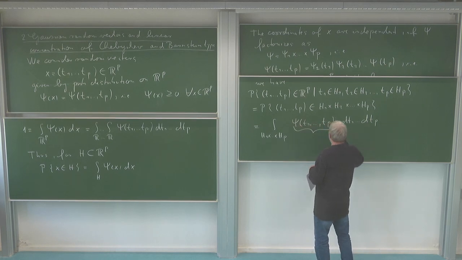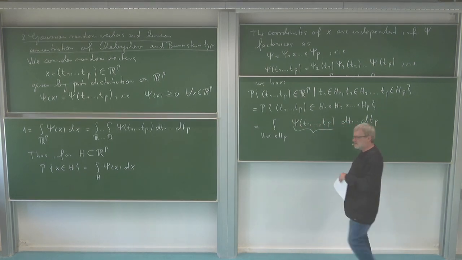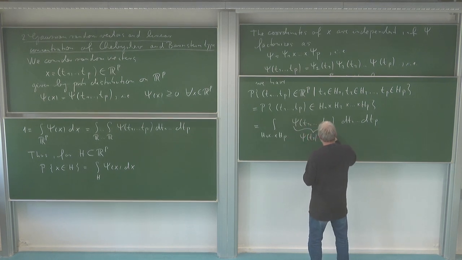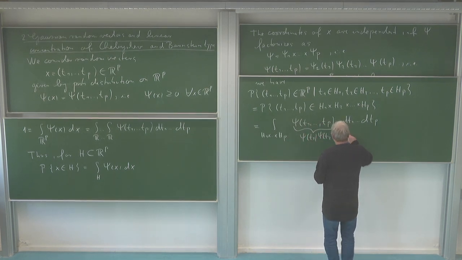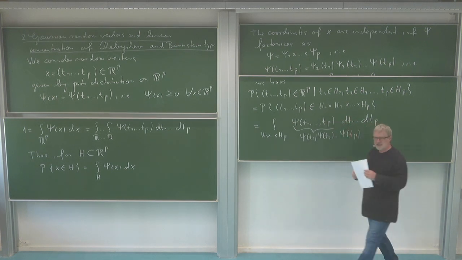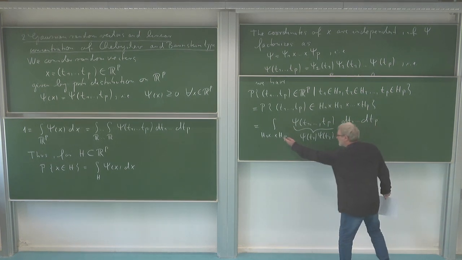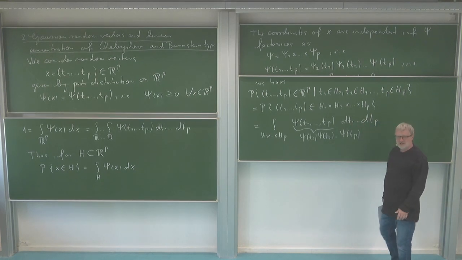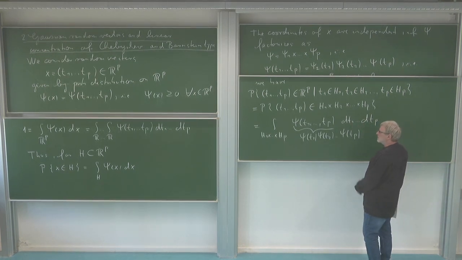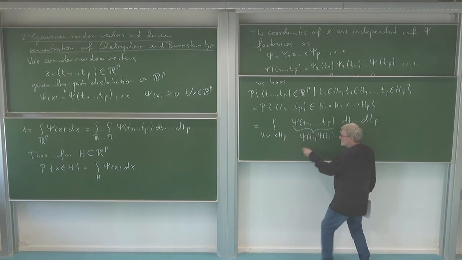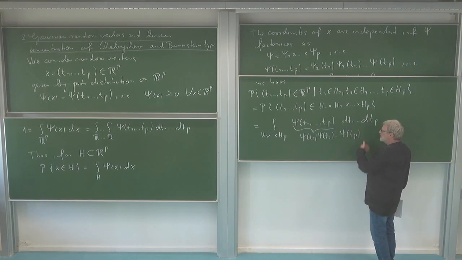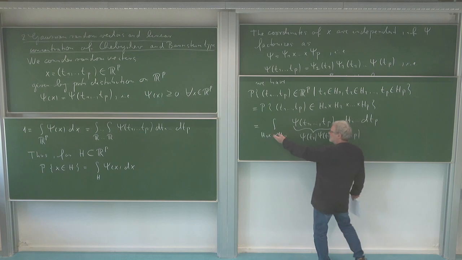But now, if my coordinates are independent, then this factorizes into psi of t1 times psi of t2 times psi of tp, and then of course the structure goes nicely with this, so I can now do this integration in an iterated way. I'm integrating over t1, and this affects only this, and I'm integrating this over H1. Then I integrate over t2, this only affects this, and I'm integrating over H2.